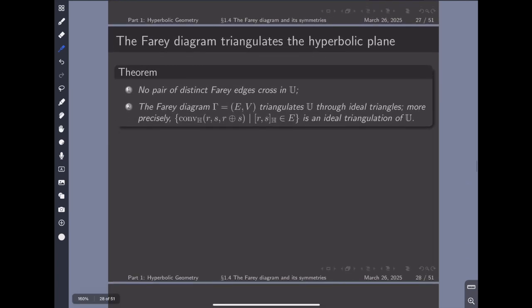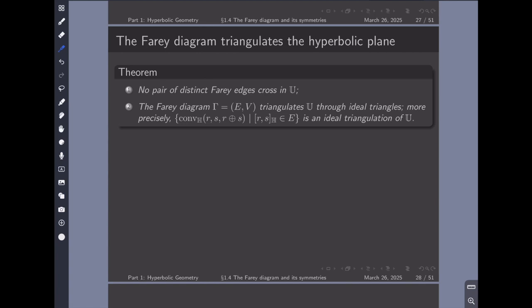Right, and now one can prove that the Farey diagram actually triangulates the hyperbolic plane. One proves that no pair of distinct Farey edges cross in the hyperbolic plane U. I mean, they may share a tangent.